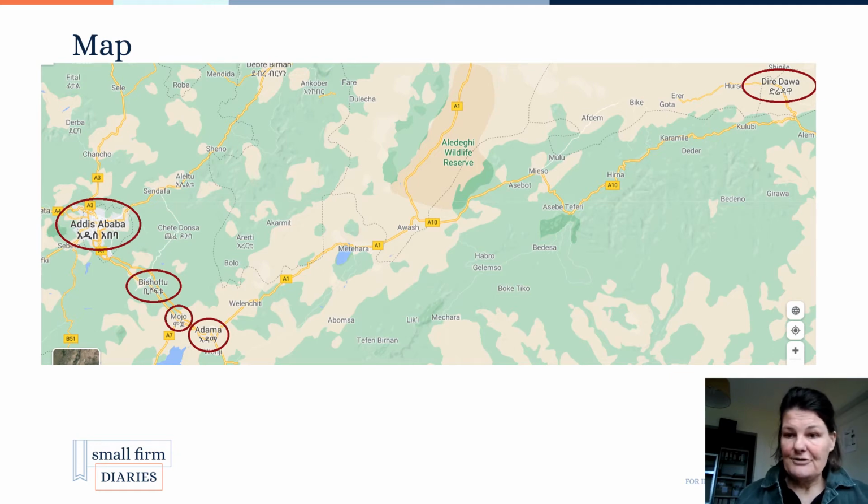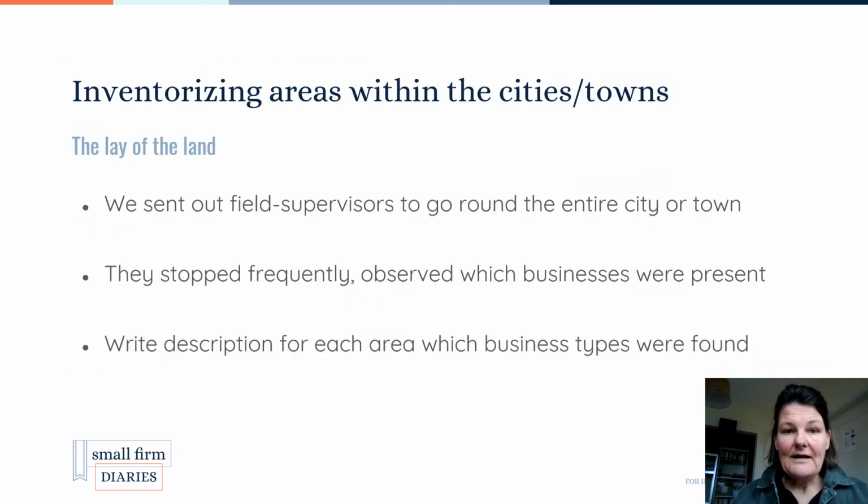Now, once we had the locations, we had to decide in which areas of those locations we were going to do interviews, because obviously a field researcher has to be able to cover different firms and shouldn't be traveling right across town.